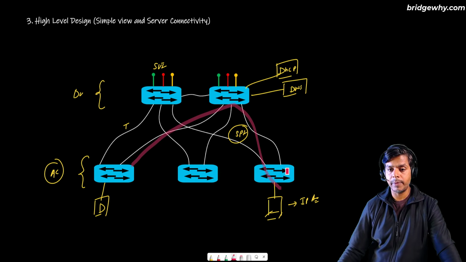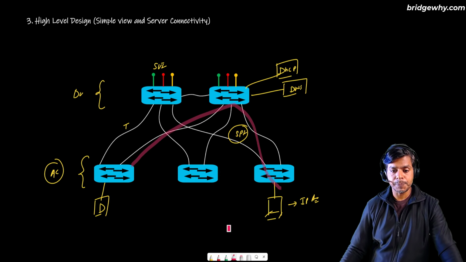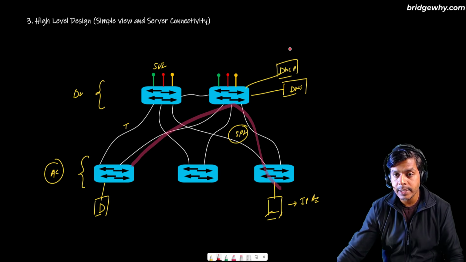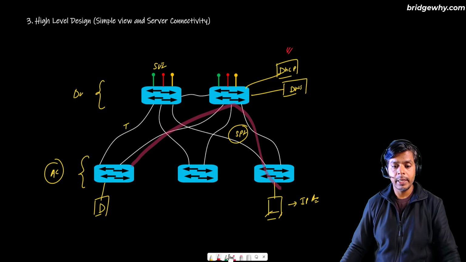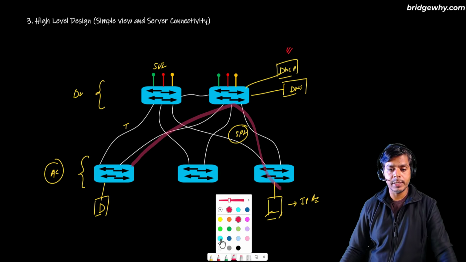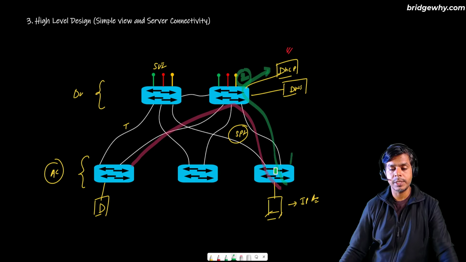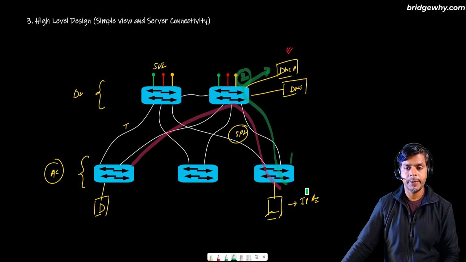Three switches will be involved: one access, one distribution, another access, right? Now, if we place the DHCP server right here in the distribution, then we can go through just two switches, right? We are reducing the hops, only one, and then the other switch is this one. As simple as that.